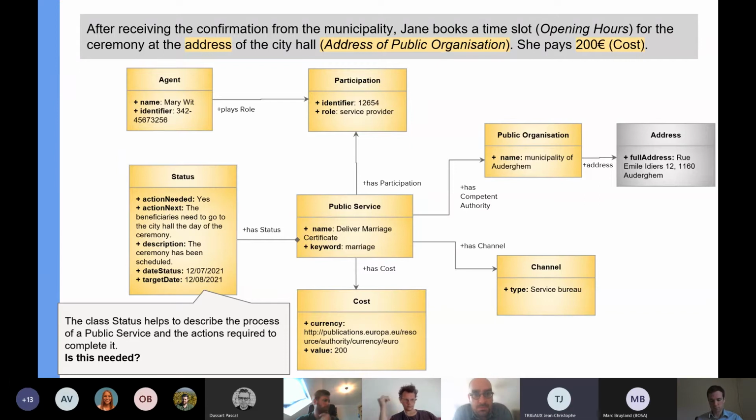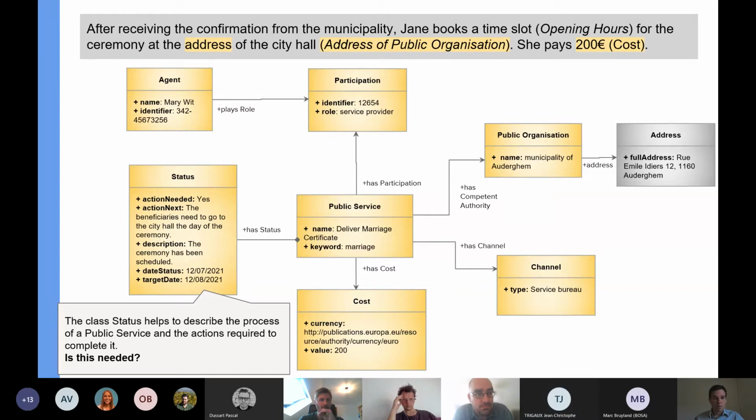I don't know when the public service should be published, because the citizens, if there is no administration that has implemented what the politician says, that's no use for them. Okay, they know there is a new public service that is coming, but there is no process in place, there is no cost defined, there is no criteria defined, and I don't know if we should publish them as early as that. Yep.